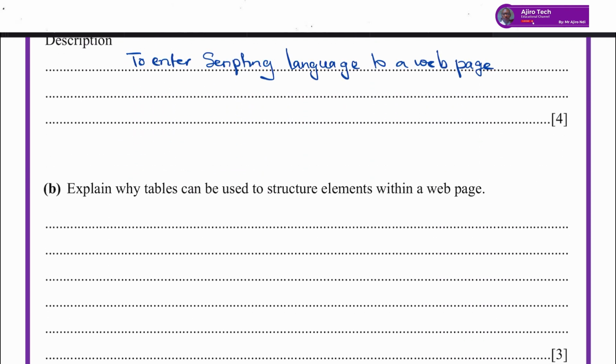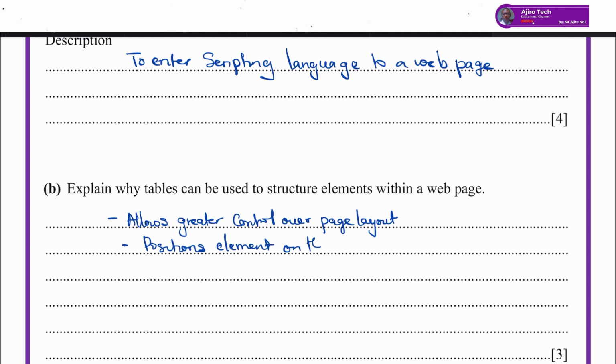Explain why tables can be used to structure elements within a web page. Now, the reason why we use tables to structure is the fact that, one, it allows greater control over page layout, positions, elements on the page.